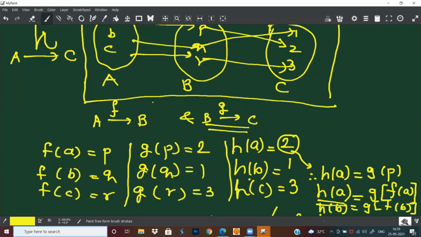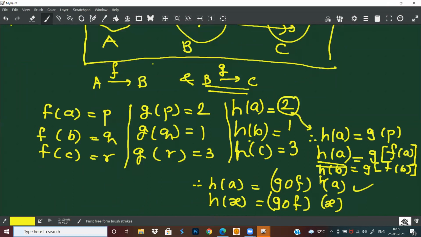And h of c, you understood? No, I don't want to create any confusion. So remember this, h of x is a composite function, meaning the relation from first to third via second. Correct? So this is a composite function.